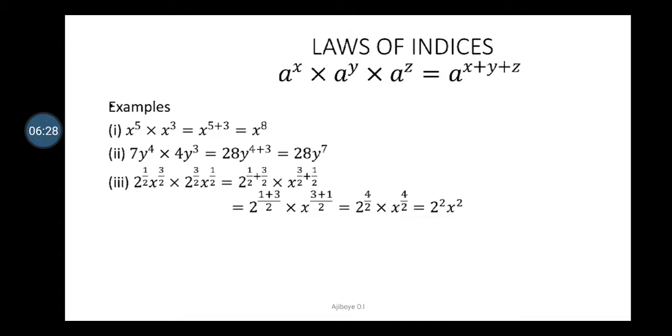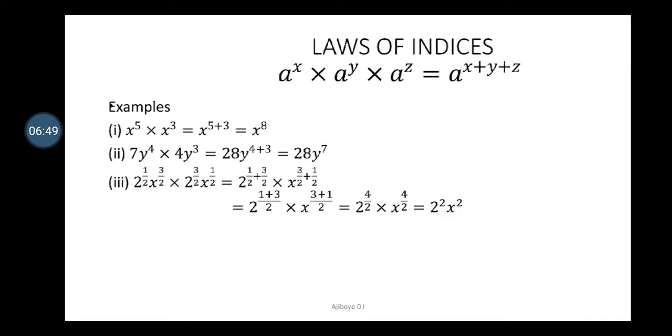And on a final example, 2 raised to power 1 over 2, x raised to power 3 over 2 times 2 raised to power 3 over 2, x raised to power 1 over 2. You will notice that the 2 are index numbers.